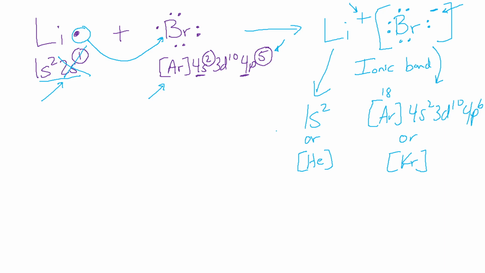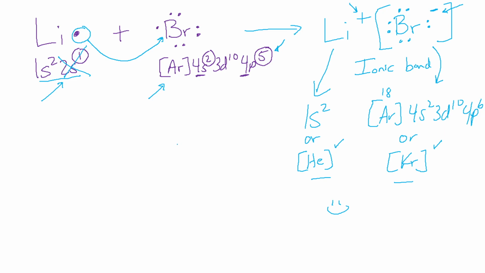So what just happened here? Well, we made 2 ions that now have achieved the same electron configuration as noble gases, making them super stable. That is really the whole point of all types of bonding, ionic bonding, covalent bonding. The point of it is for everybody to achieve noble gas configuration.